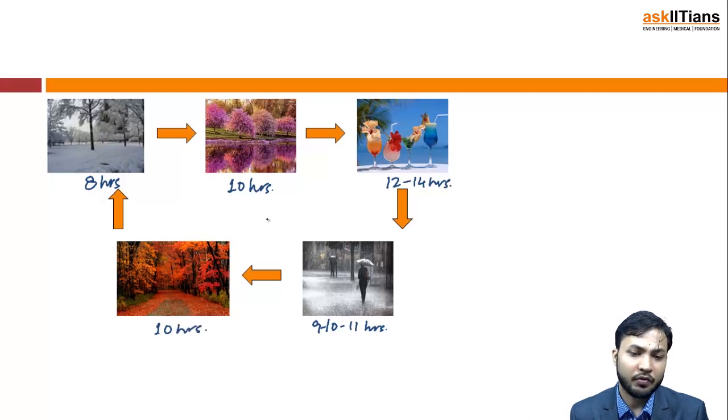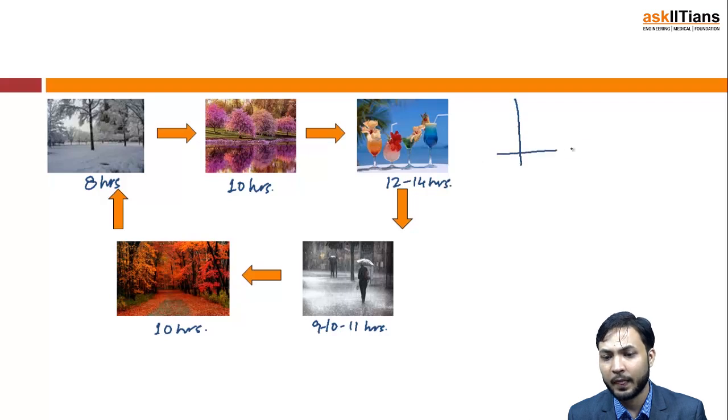So you see, if you draw a graph for this, it will vary in a way where it will start with the winters. Let's say I start with winter, spring, summer, rainy, and then autumn, and then it comes back to winter.